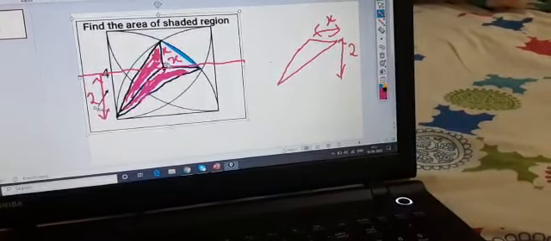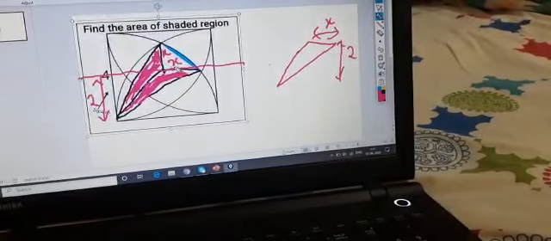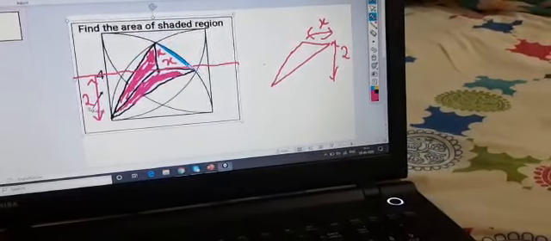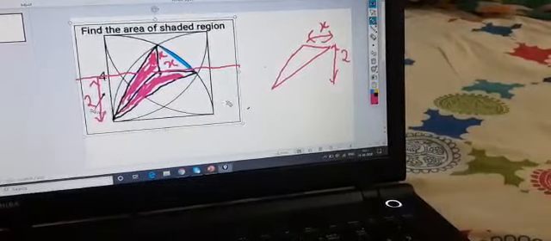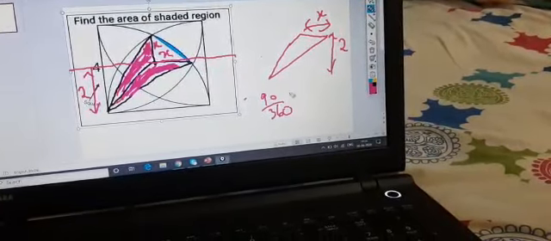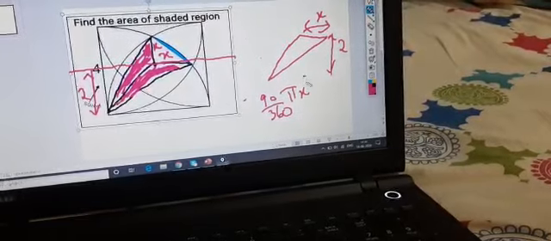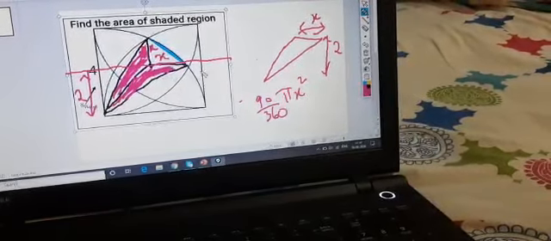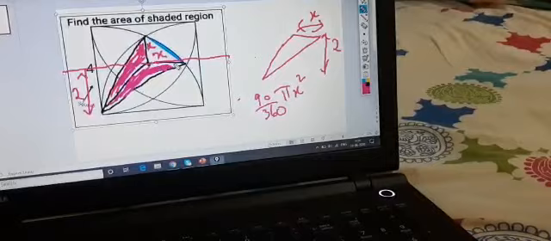So this angle is 90 degrees, this angle. So what is the area of entire sector here? Sector would be 90 by 360 into pi x square. Okay, and now I need area of this triangle.